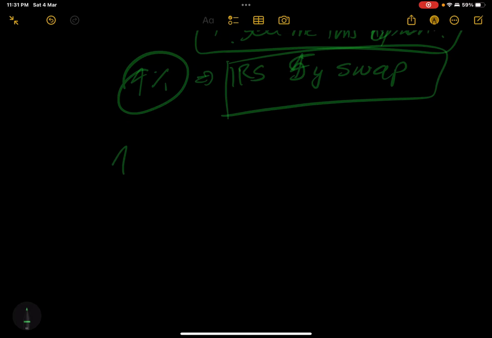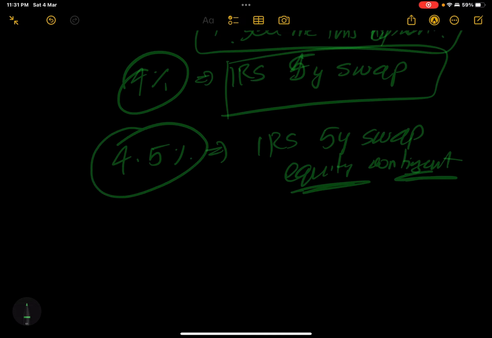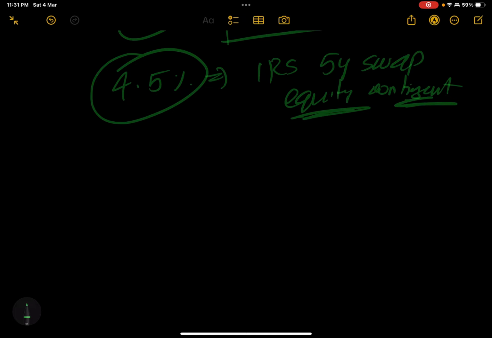Now, if I change this rate to 4.5%, let's say I sold it as a non-callable IRS 5 year swap which pays based on equity contingent. The rate is higher because it is contingent on equity. Thirdly, I don't know the rate, but I know that I have to pay at max, let's say, 4.5%.